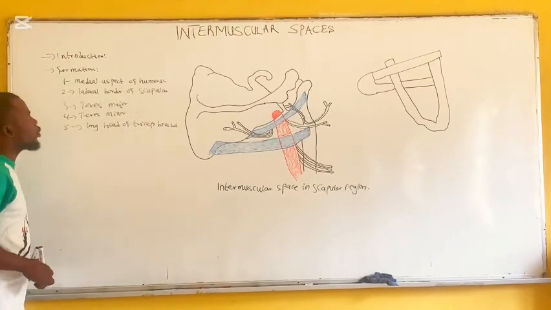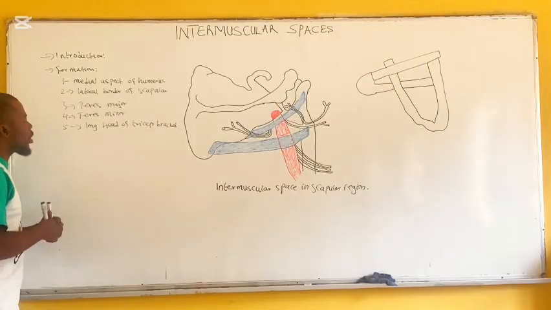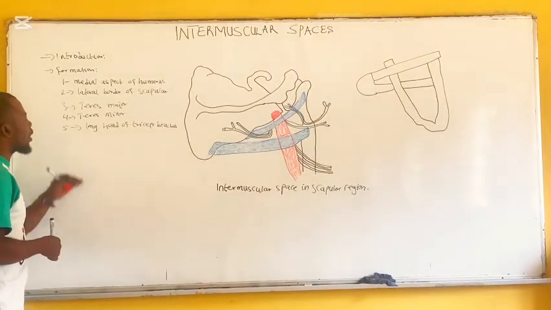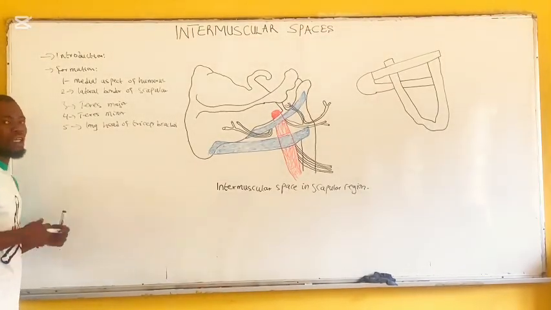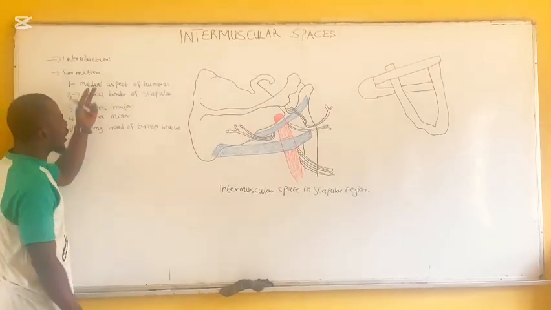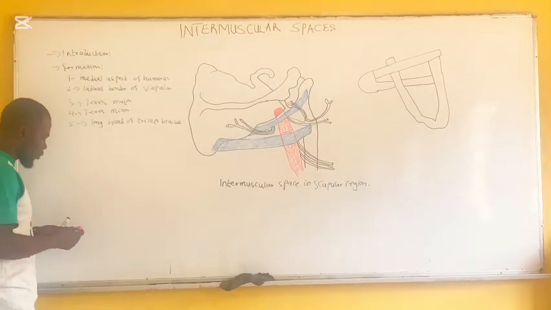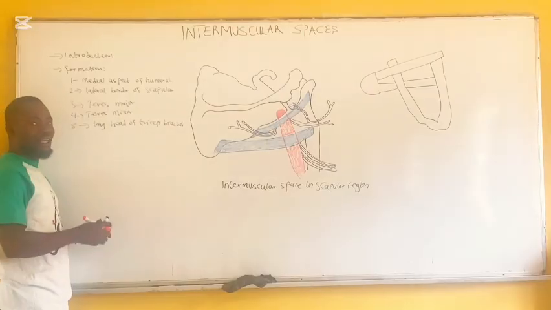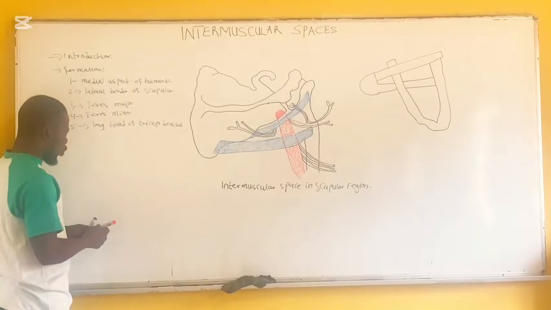The medial aspect of the humerus, the lateral border of the scapula, teres major, teres minor, and the long head of the triceps brachii. There are 3 potential spaces at the scapular region, 2 at the upper part and 1 at the lower part.